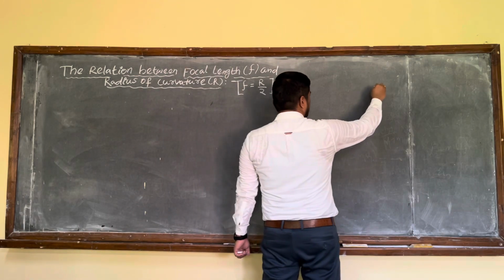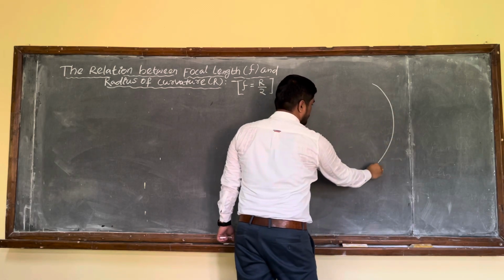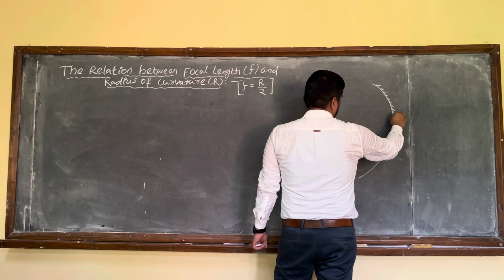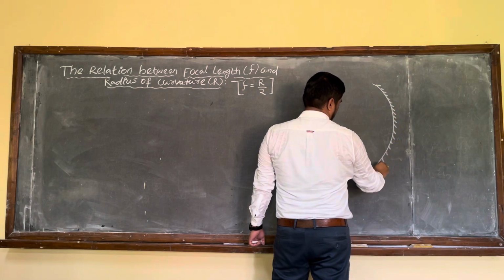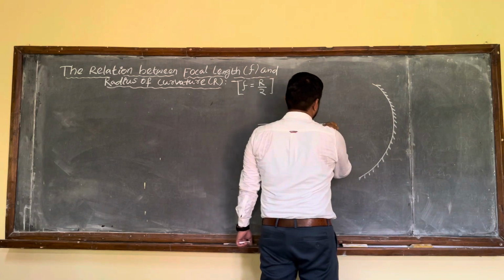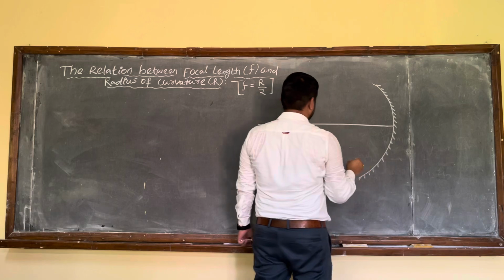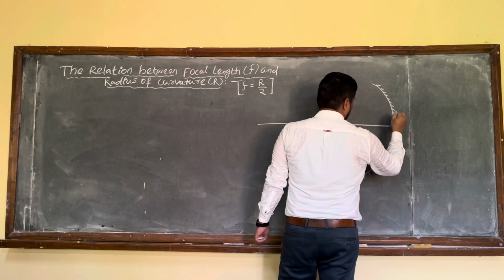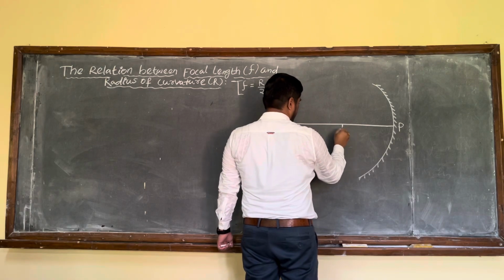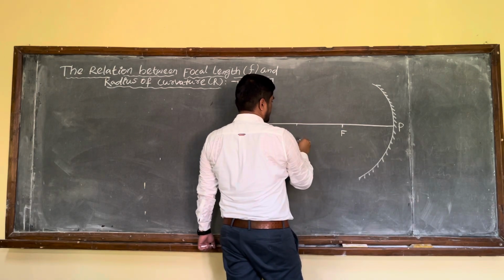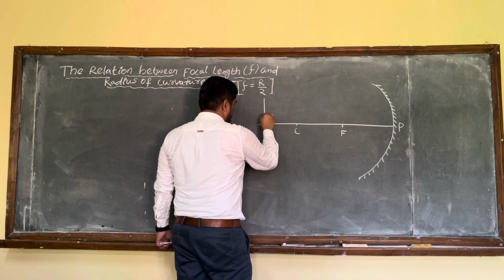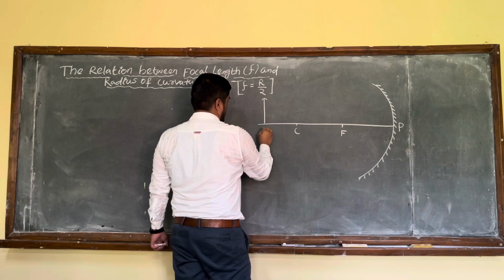So first you have to draw the ray diagram. Let this be the concave mirror, which is a spherical mirror, and let this be the principal axis, this the pole P, this the focus F, and this the center of curvature C, and let the object AB be situated here.